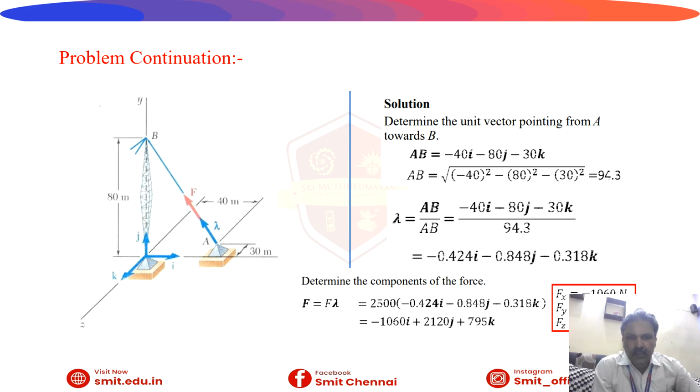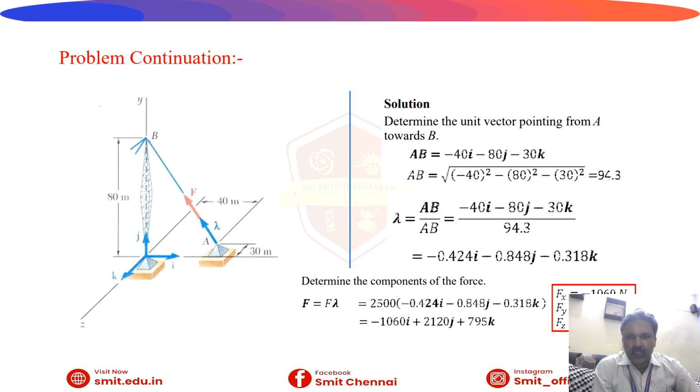A is far away from the X, behind the value only. We are taking the value from point A towards B, so the origin point is here. So we are going to take minus 40 i, minus 80 j, then minus 30 k.